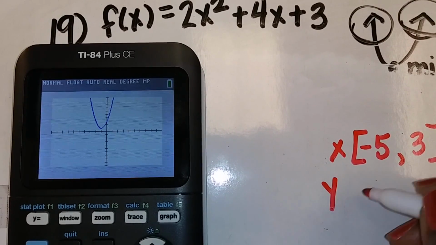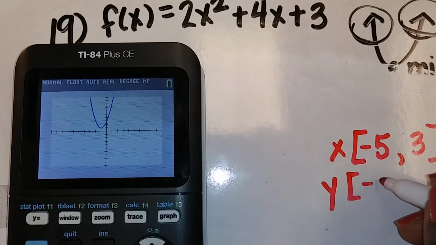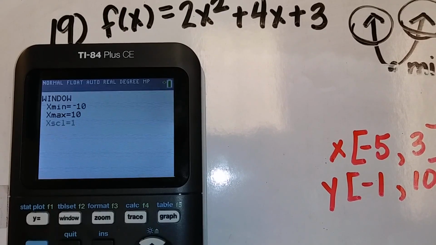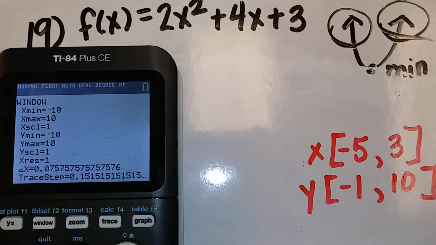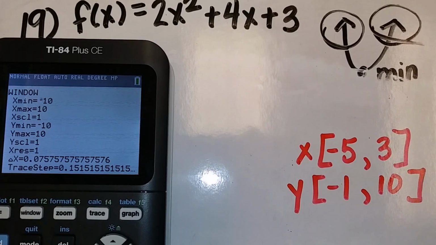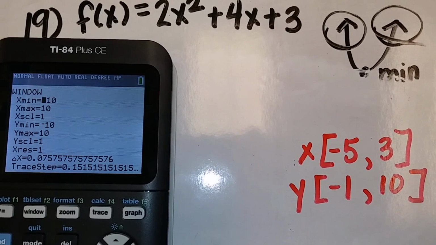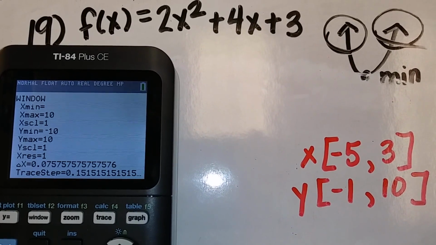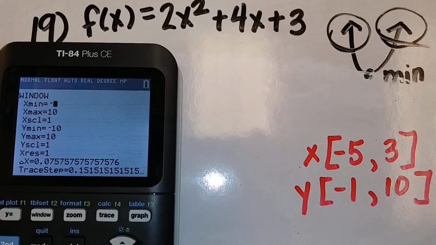And on my Y windows, I'm going to make it go from probably -1 up to, I can keep it at probably 10. 10 should be good enough. So let's go to the windows and type it in that way. You can do zoom in, zoom out, I just like playing with the windows instead. It takes a little more work, but it's easier. On the X min, I'm going to say -5.